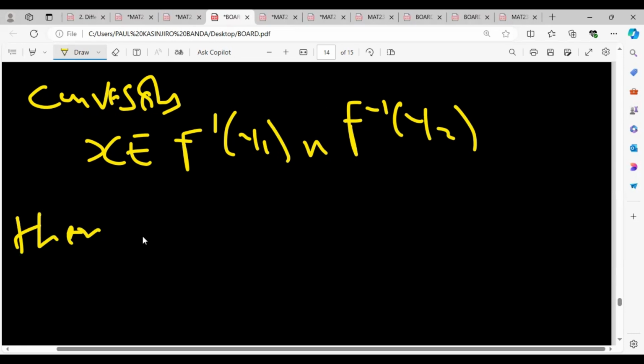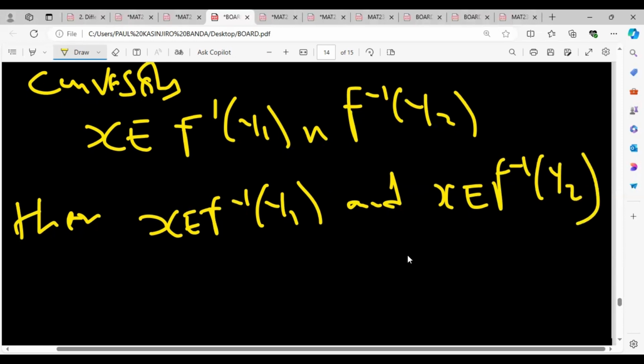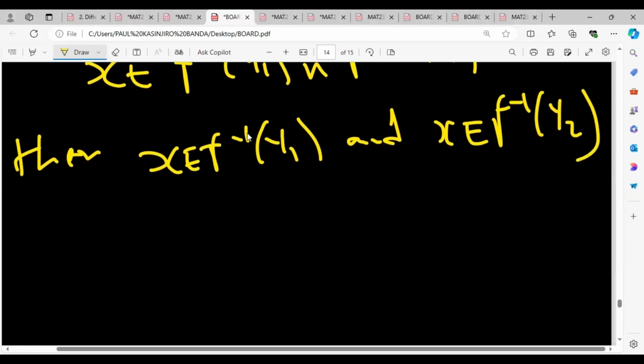So I can say x is a member of the inverse of Y1, and, where the intersection becomes an and, x is a member of the inverse of Y2. Since x is in the inverse of this, it means that y is a member of whatever we have in the brackets there.